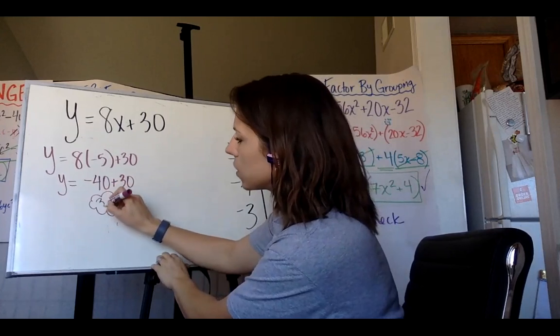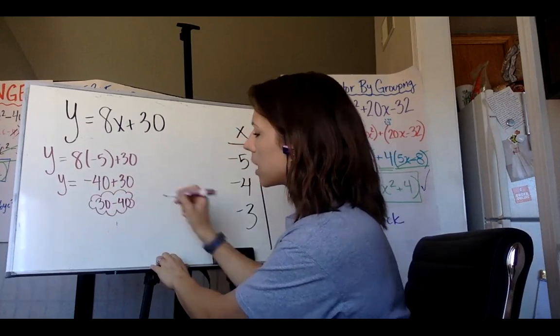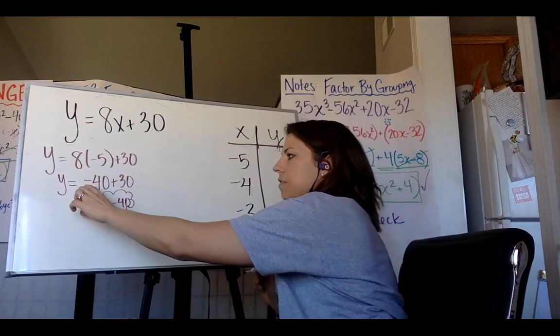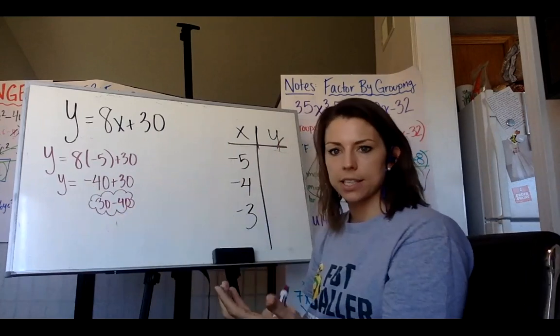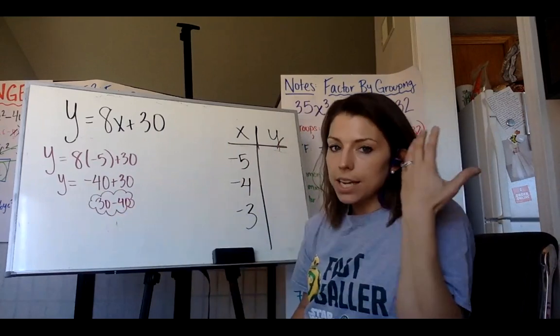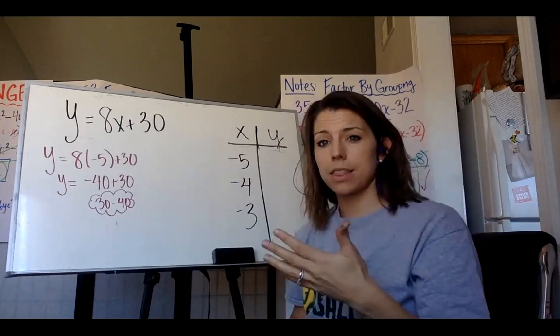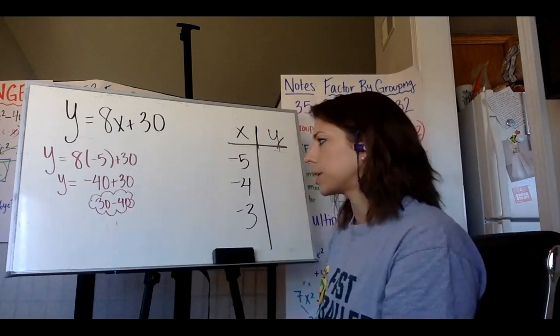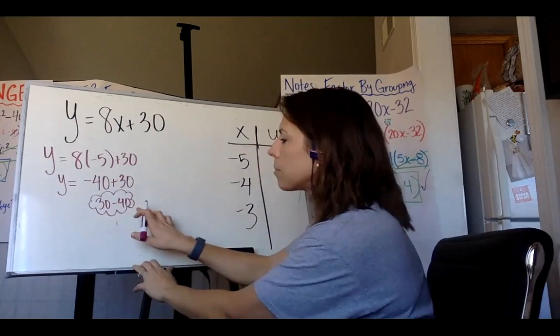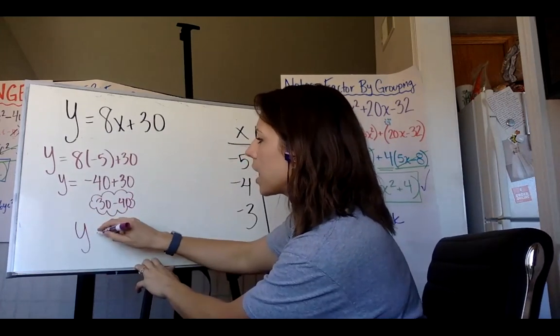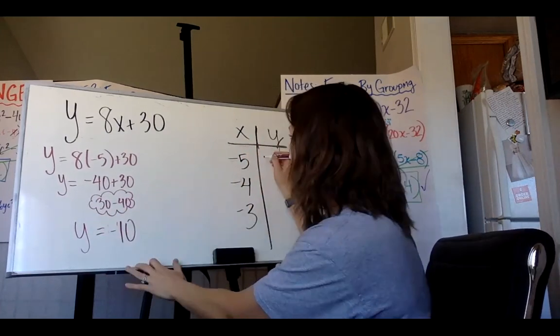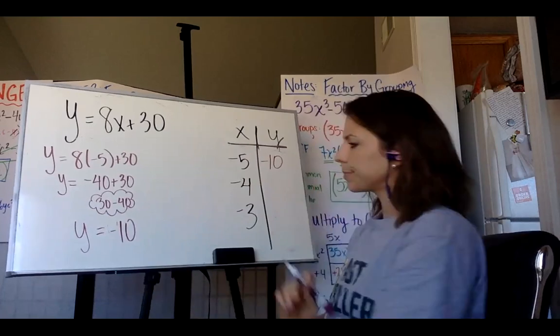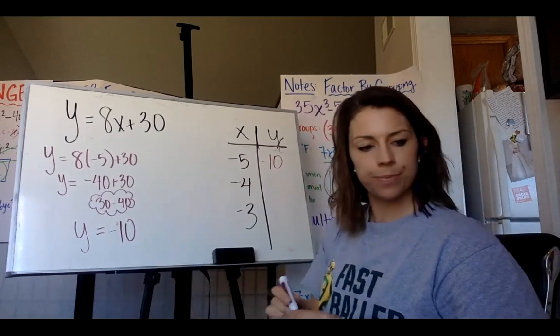I think of it as 30 minus 40, because adding a negative is equivalent to subtracting a positive. And that, to me, is easier math to do than negative 40 plus 30. Either way, 30 minus 40 or negative 40 plus 30 is negative 10. So I got my first one.